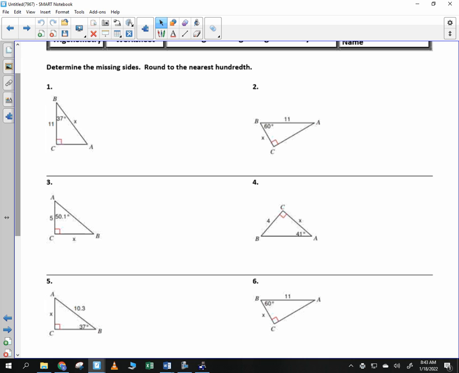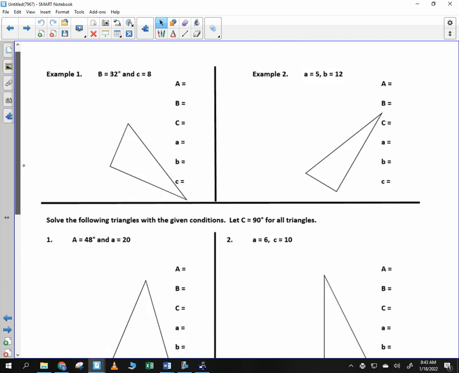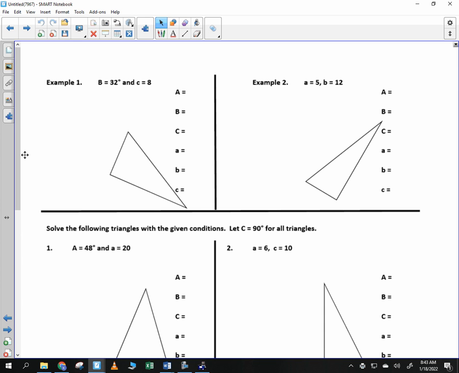Okay, problems 1 through 6 are exactly like what we just did. We're going to leave you to those, but if you flip it over to this side, we're going to do these two examples together.